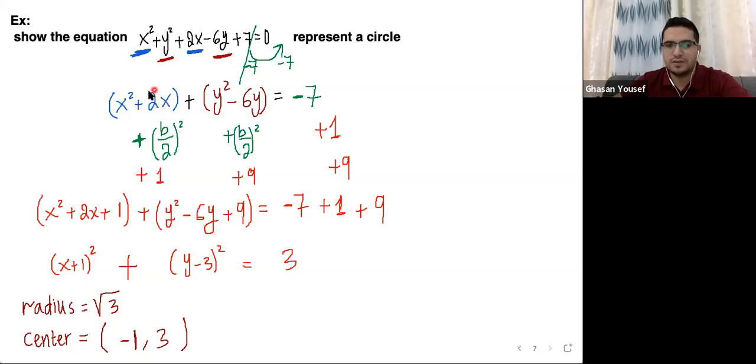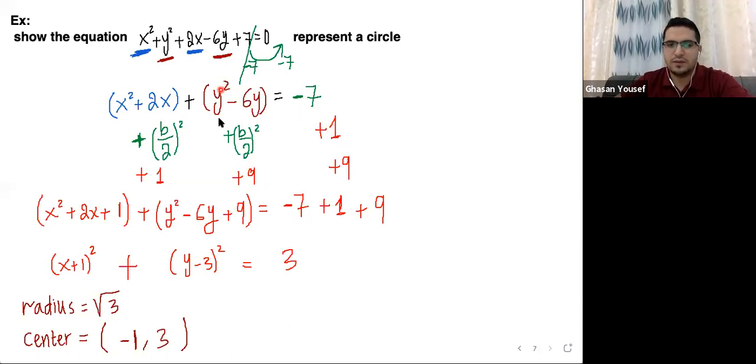So I should add 1 for this side, and then I have to add 1 for the other side. If I want to add 1, I have to add it for both sides, for this side of the equal and for the side after the equal. So b over 2 is 2 over 2, squared is 1. So I have to add 1 on this side and 1 on the other side.